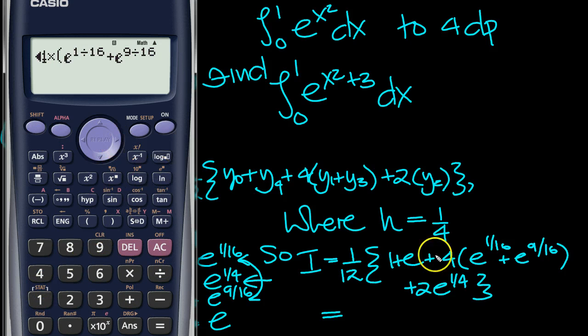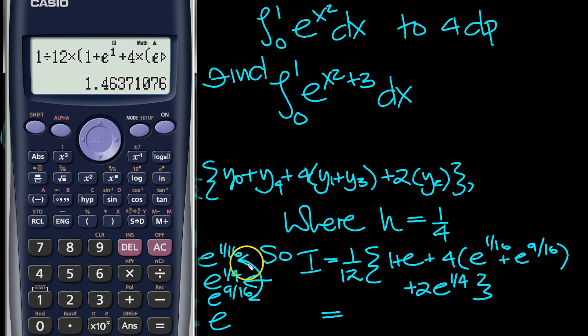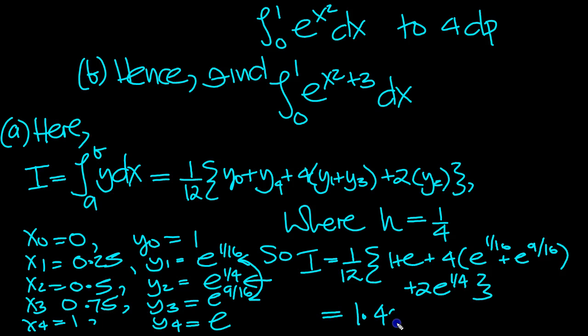So that's that one done. Close bracket, plus 2. And then it's just e to the quarter. So it's e to the 1 divided by 4, which is a quarter. Close the bracket at the end, press equals: 1.4637 to 4 decimal places. That's the 4 decimal places.